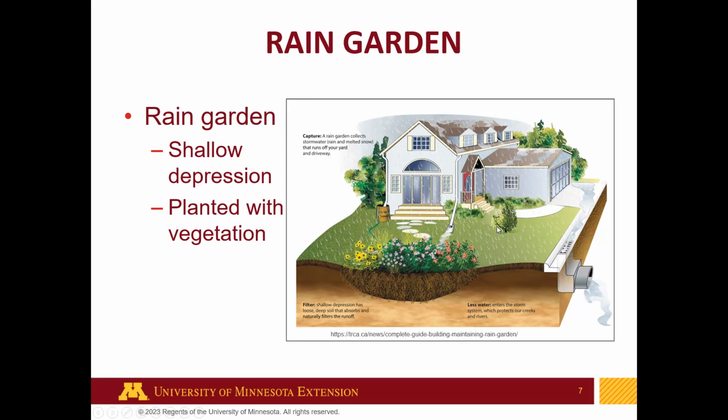So that water that's going to move into that rain garden, again, is going to be allowed to infiltrate into the soil, evaporate, as well as transpire. For rain gardens to function properly, plants are critical, and I'll talk a bit more about that. And usually they're planted with herbaceous perennials, and sometimes you can even find some woody perennials planted in rain gardens, and oftentimes they are covered with a shredded wood mulch.